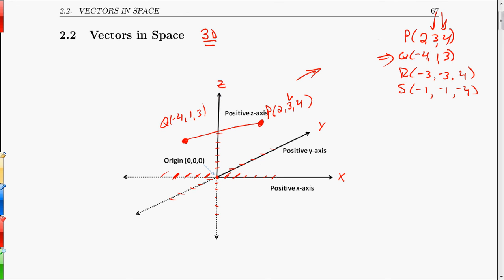And then if you look at Q, that point has a positive y value as well. So it too is behind the z-axis. So this whole line that I just drew should be passing behind that z-axis.